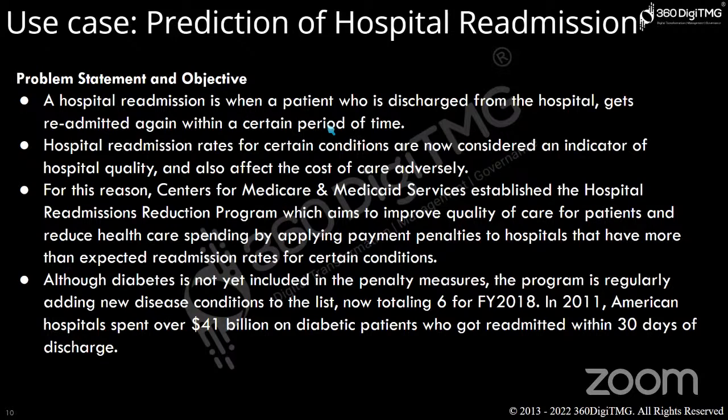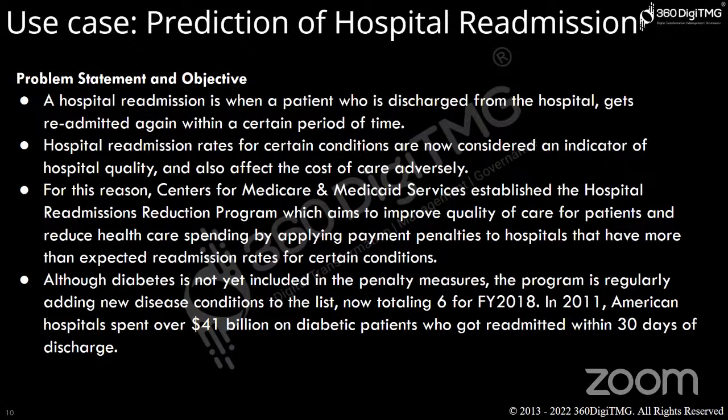Now, hospital readmission rates for certain conditions are also an indicator of the quality of a hospital. If people are getting readmitted more often after being treated, this shows that the hospital is not good. And it also affects the cost of care adversely.